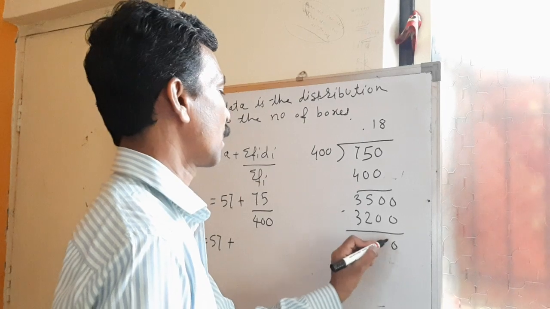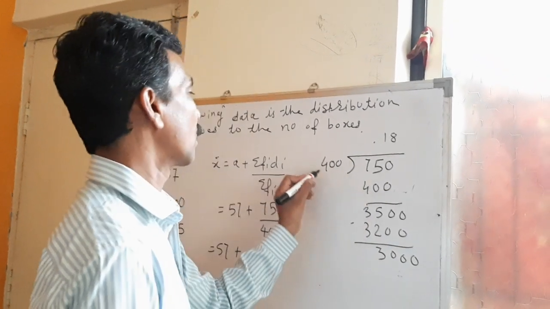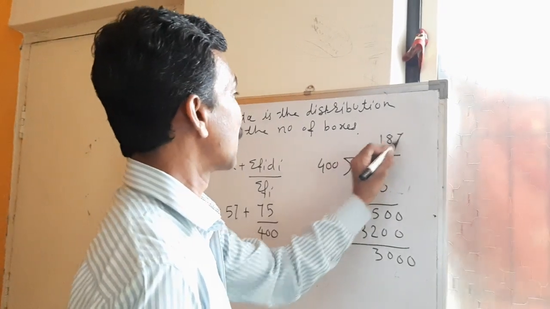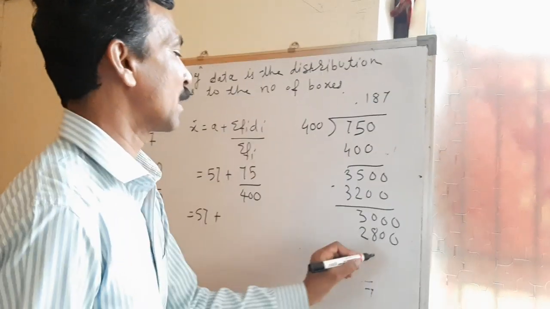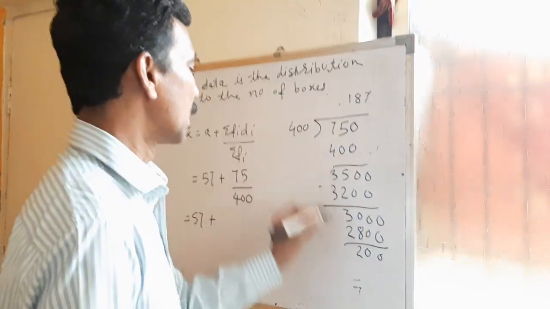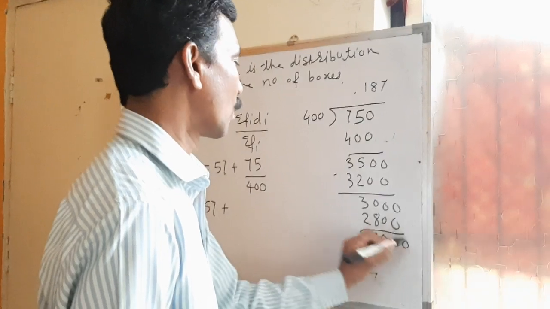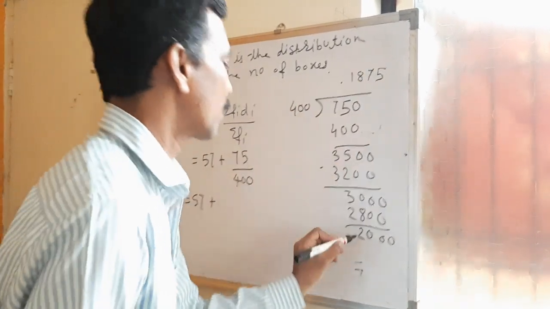What is left? 300. I'll take one more 0. 4 7s are 28, means 400 into 7 is 2800. 2 is left. I'll take one more 0. 2000 divided by 400 is 5.